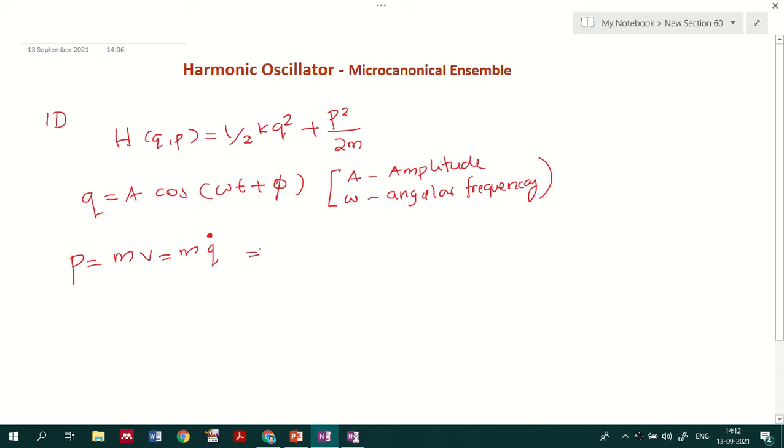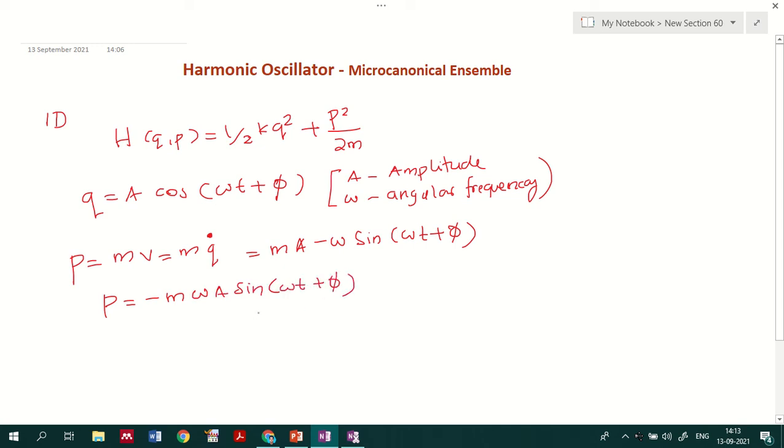That is m a times minus omega sin(omega t plus phi). So the momentum is p equal to minus m omega a sin(omega t plus phi).